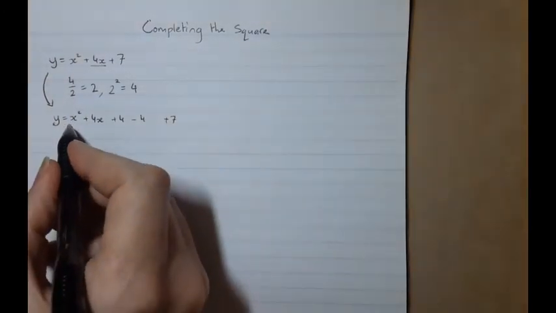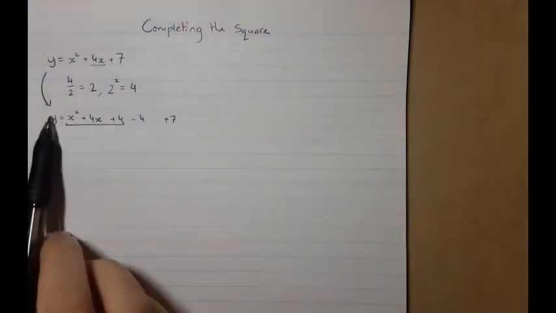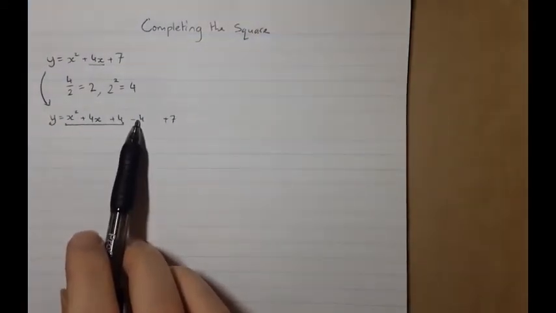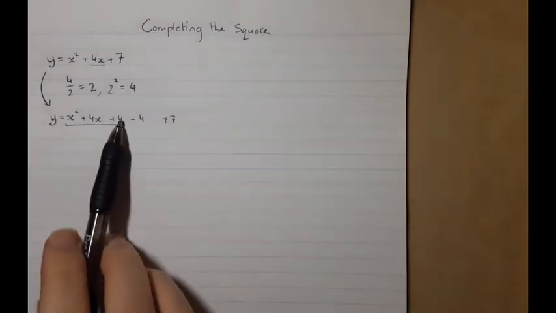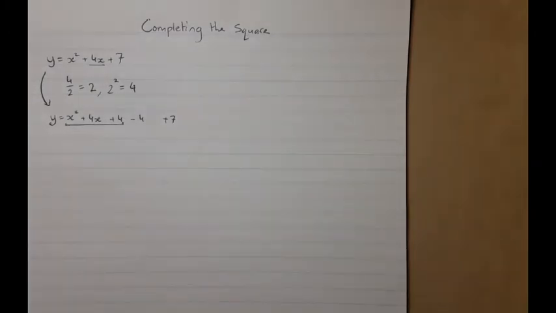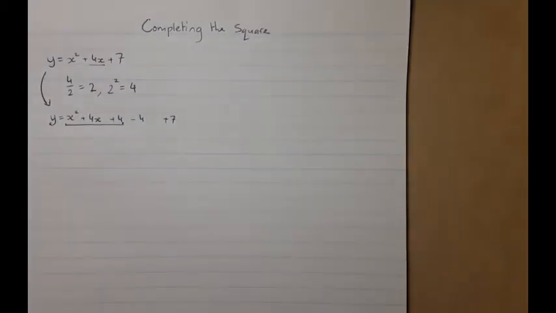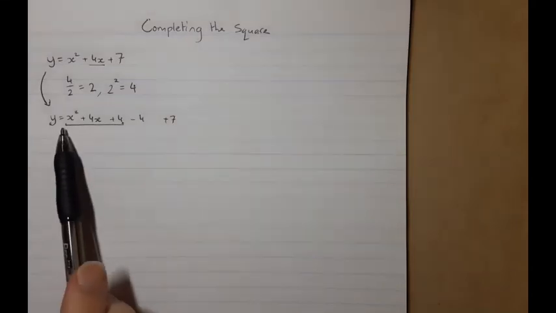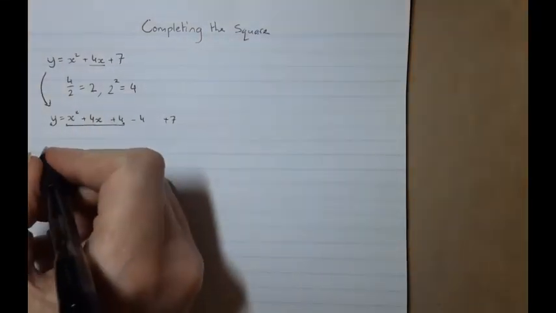Now, once we've written out our equation with a plus 4 and a minus 4 in it, the next thing we want to do is factorize the first 3 terms. Because we got this 4 from the process of completing the square, these first 3 terms should factorize very nicely, and in fact they do.